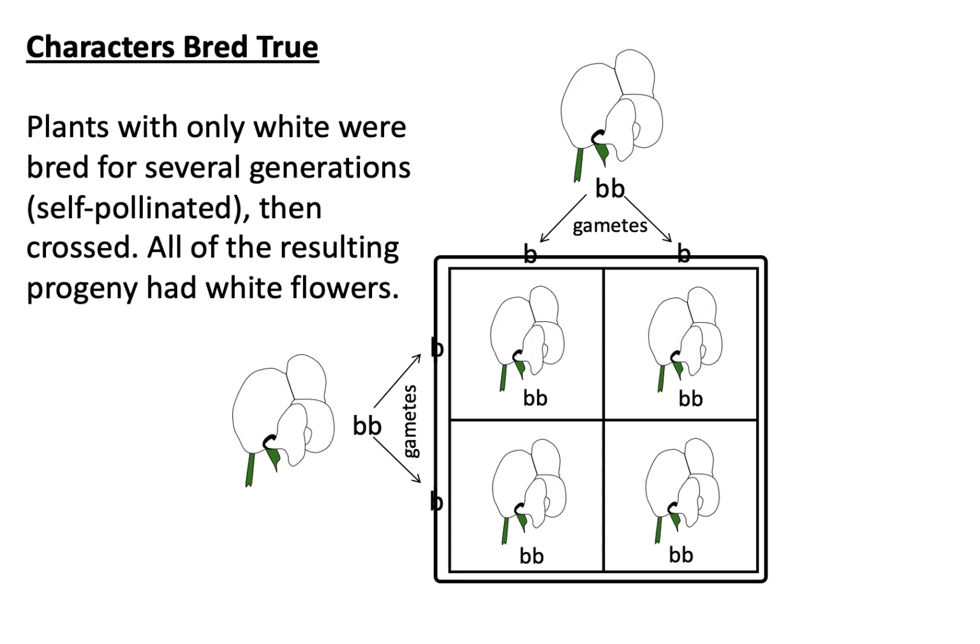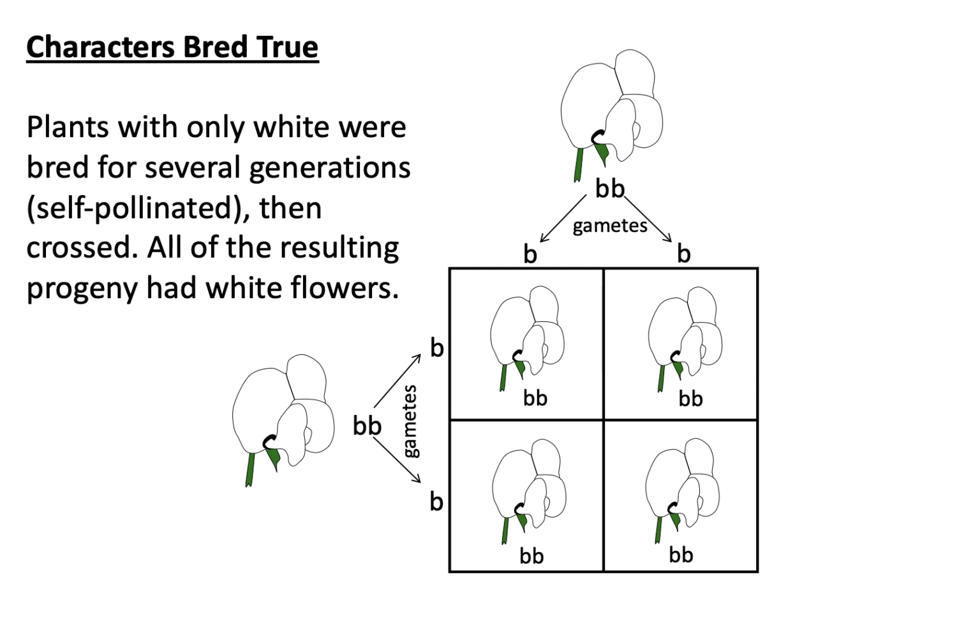He also discovered that if he had the occasional plant that had white flowers, if he took the seeds from those white flowered plants and bred those for generations, that they also bred true. So for several generations in a row, you could get white flowers and only white flowers on those plants.